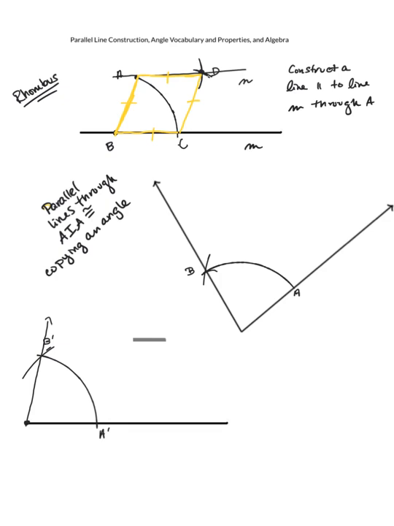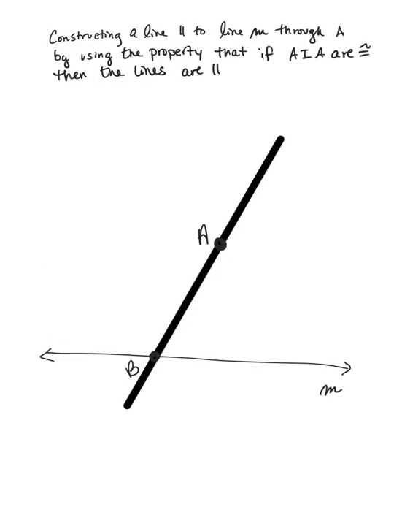So next up, I'm going to show you how to do the parallel line construction through alternate interior angles being congruent. Okay, so this is going to be the copying an angle, but the angle that I'm going to copy is this angle B up to this angle A. So I start by putting my compass on B. Okay, I swing an arc that intersects both sides of my angle.